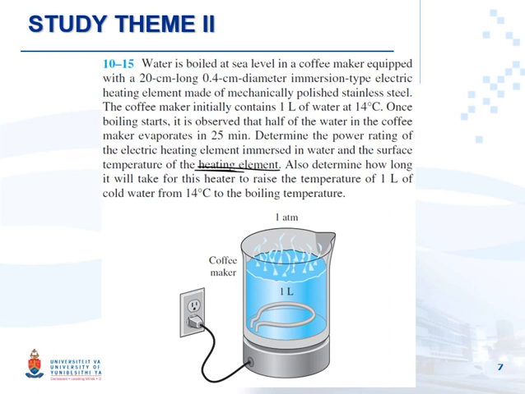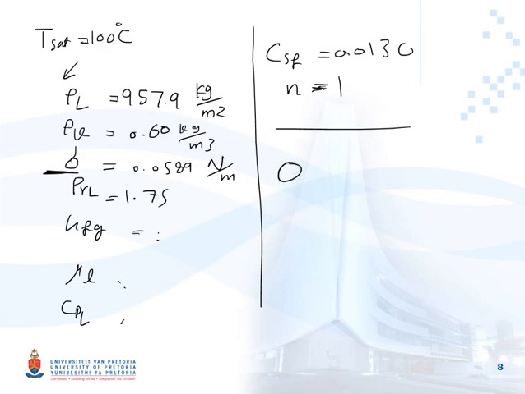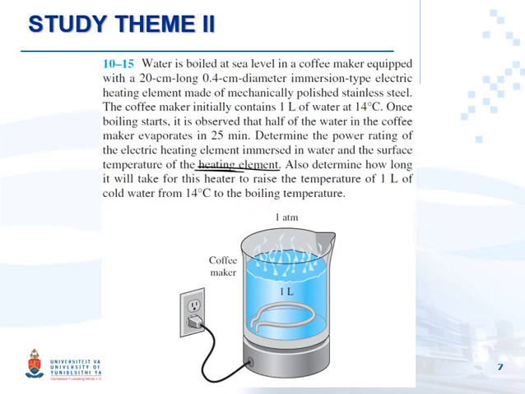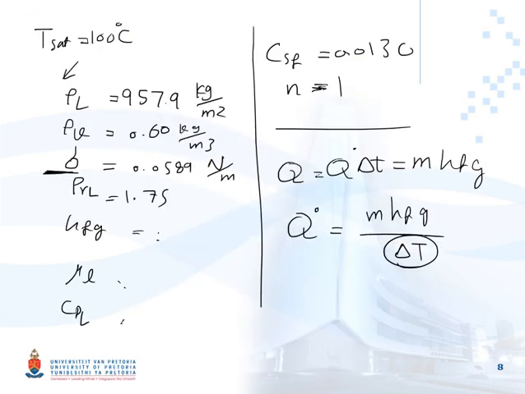Okay, so can I say that Q dot delta T is equal to M HFG? So Q dot is equal to M HFG divided by delta T. Delta T is 25 minutes, so this needs to be in seconds. M, how do we find M?